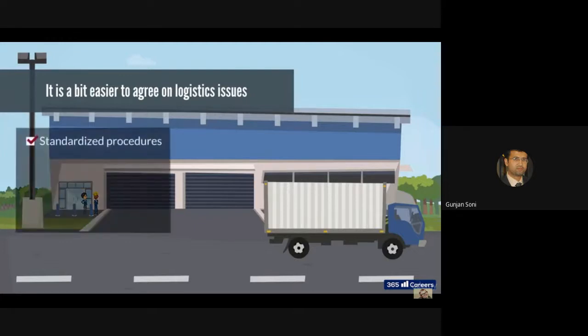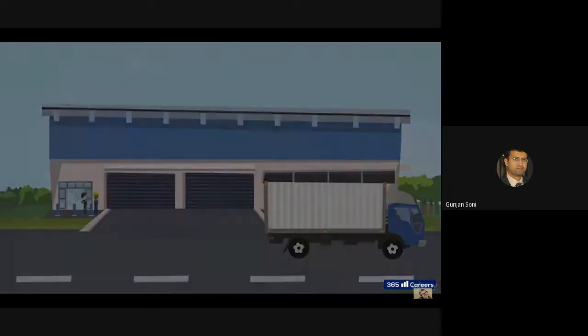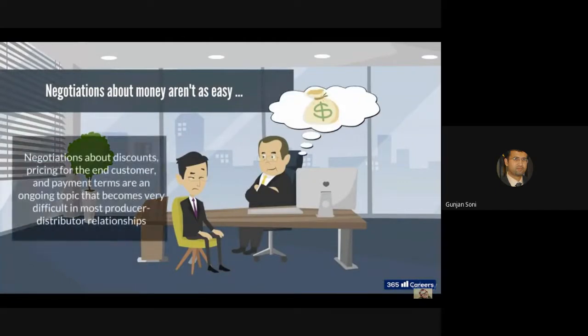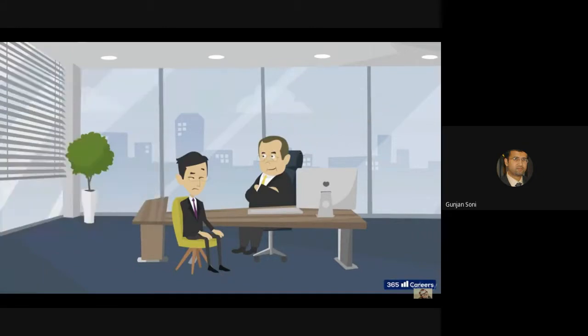These procedures are easy to standardize and should be the point of lowest resistance in the relationship between producers and distributors. Things become different when money comes in play. Negotiations about discounts, pricing for the end customer, and payment terms are an ongoing topic that becomes very difficult in most producer-distributor relationships. The easier it is for distributors to replace the firm's products with the ones offered by competitors, the greater the leverage they will have at negotiations.